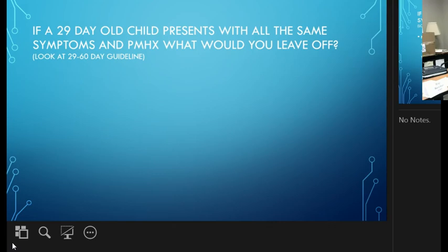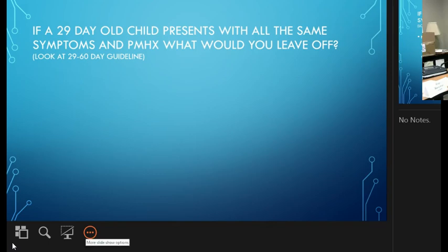Now, let's change things up a bit. If Caleb is now a 29-day-old child that presents with all the same symptoms and past medical history, all the same, what would you leave off? So this is where you pull up the next stair-step fever guideline, which is 29 to 60 days of age.